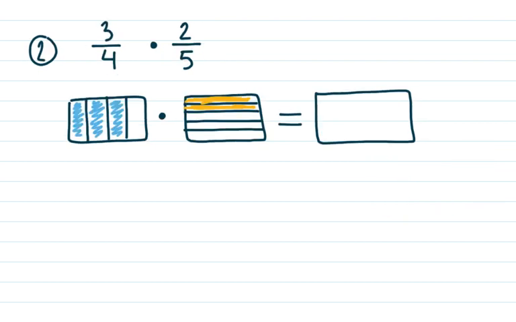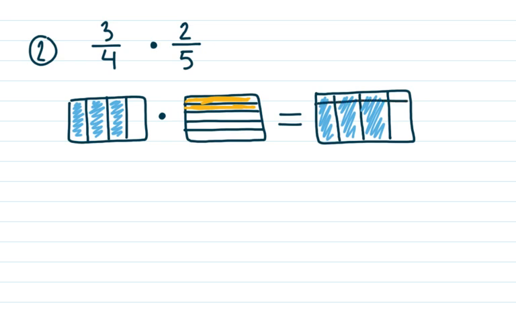So this one I have 3/4 times 2/5. And so I have 3/4 drawn there shaded in blue, and I have 2/5 drawn on that second rectangle shaded in yellow. So to find out our answer, we have to combine those two rectangles together. So I'm going to first draw my 4ths here in my answer box, and I'm going to shade in 3 of them. 1, 2, 3, and then I'm going to divide my box up and have my 5ths.